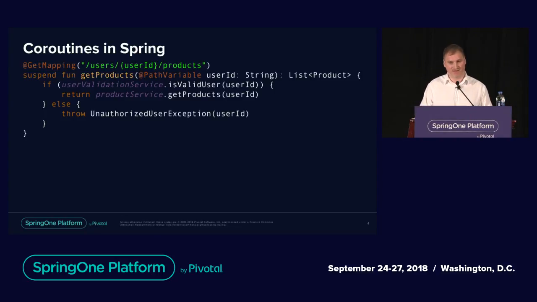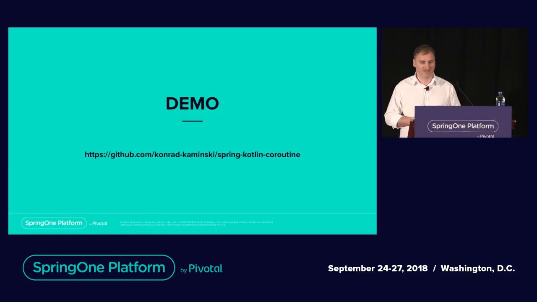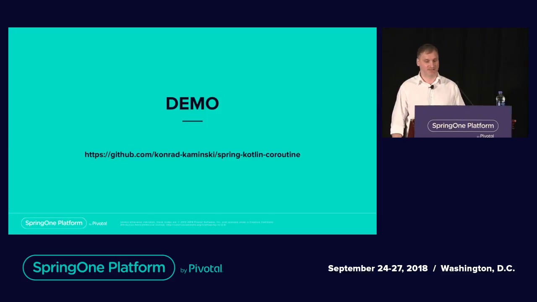It's called spring-kotlin-coroutine. It's not an official Spring Framework project. Some of the things have been ported into the Spring Framework project, but not all of it. With this library, you can use features of Kotlin coroutines, so essentially, you can use suspending functions in many different areas.